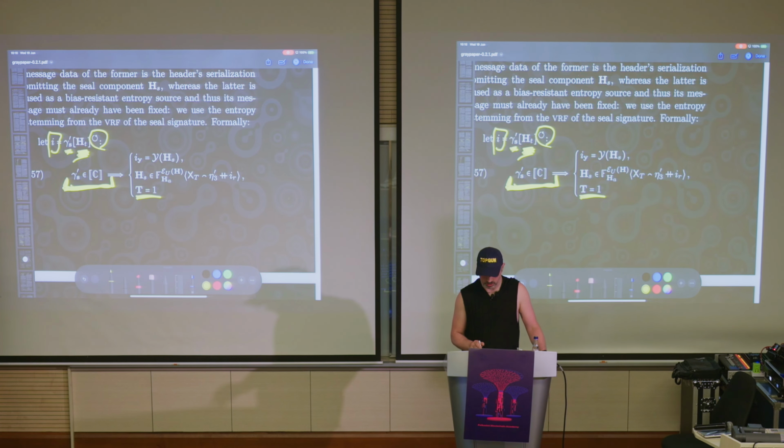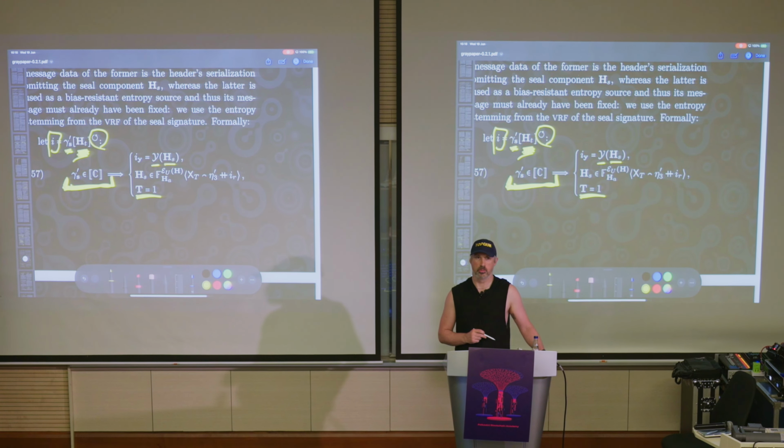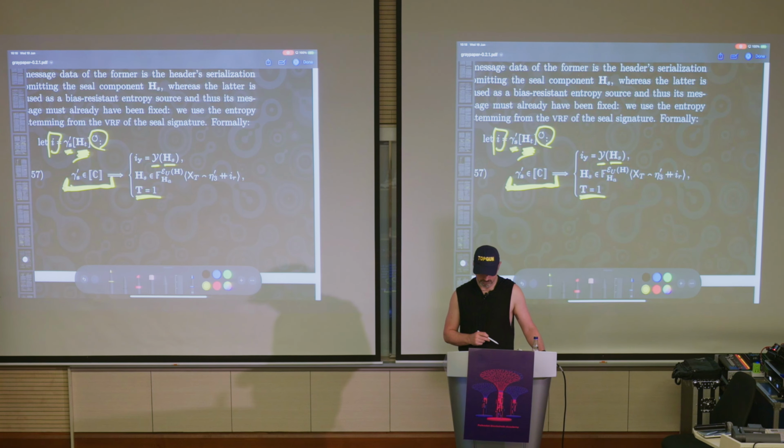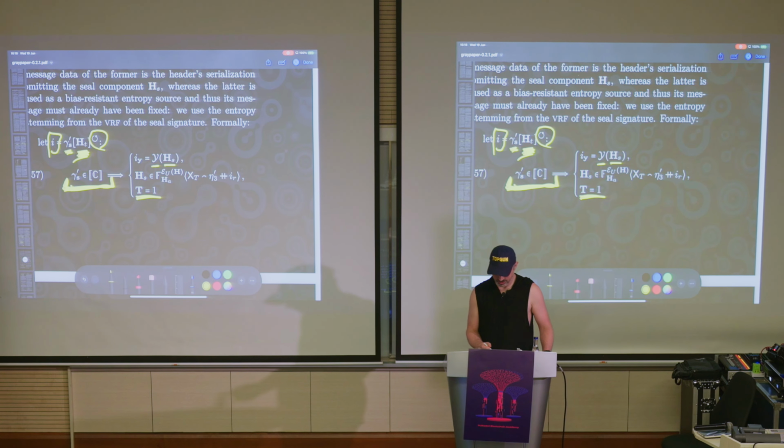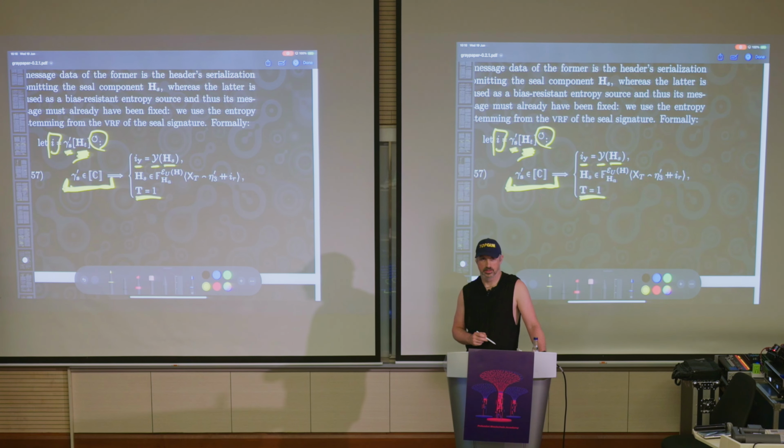Now we take a look at the seal, the block seal, HS, and we pass it through the VRF output function, calligraphic Y. This gives us the output of the VRF. And we make sure that the ticket's identity, I subscript Y, is equal to that.